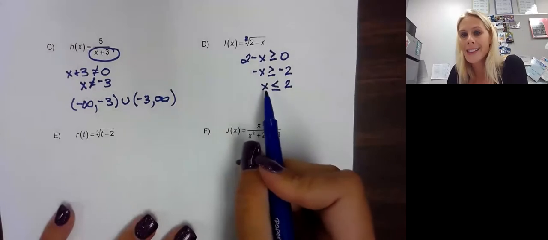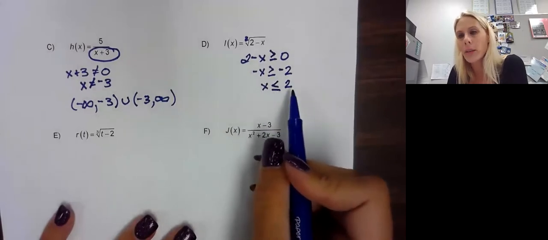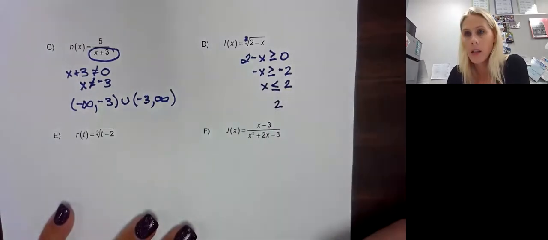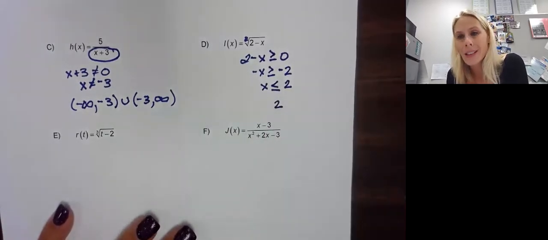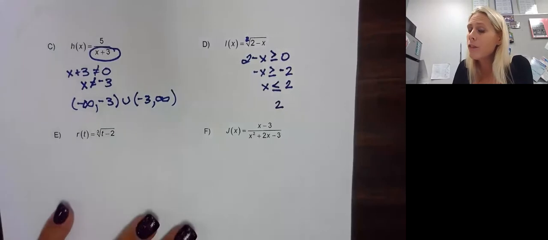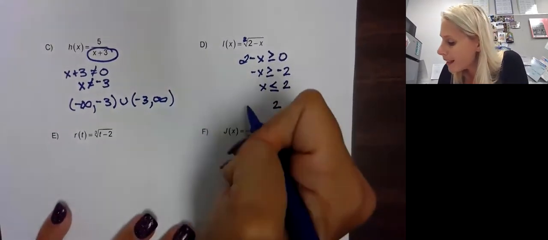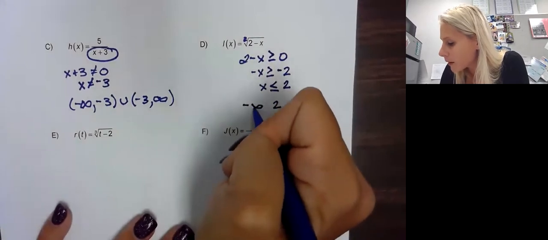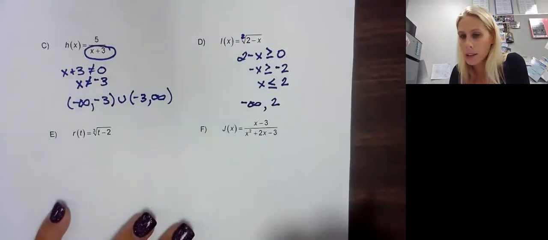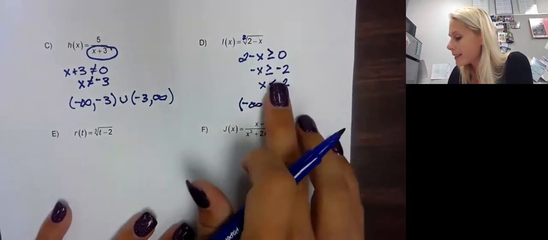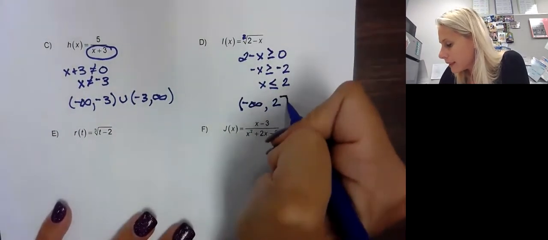This says x is less than or equal to 2. So we know we have a 2, right? What numbers are less than 2? Is it going to be negative infinity or infinity? Less than would be negative infinity. Remember, we already talked about around infinities are parentheses. And because it's equal to, it's a bracket.